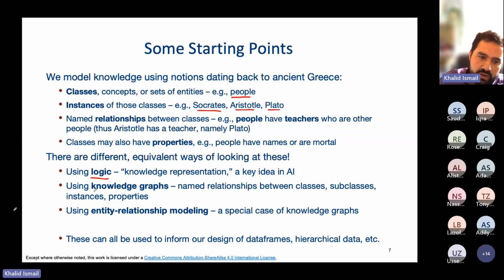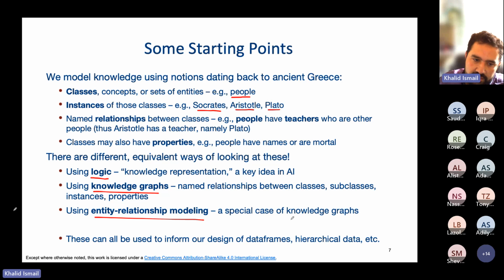The second way is called knowledge graphs. Basically, within here, we're going to name the relationships between classes, subclasses, and instances. And the third way to look into that is entity relationship modeling, or ER modeling. This is simply a special case of knowledge graph.